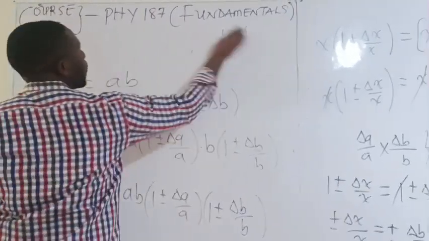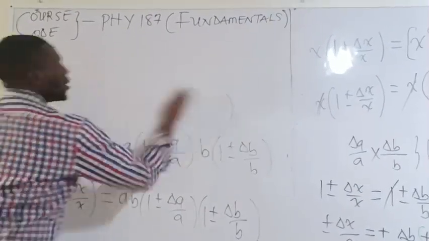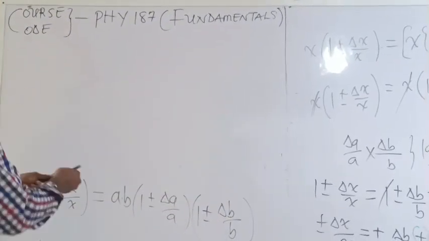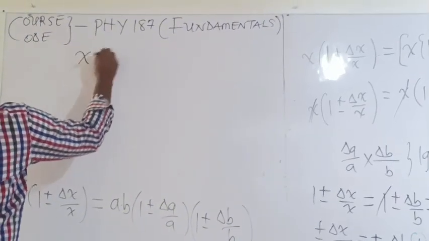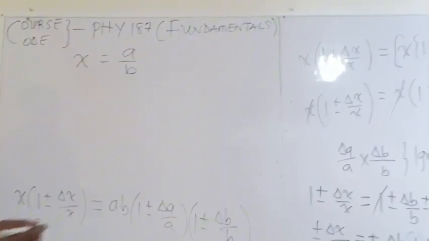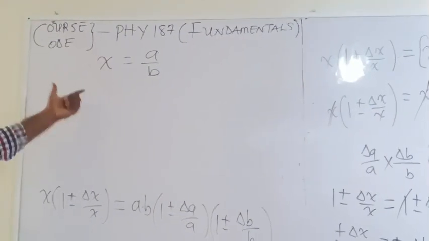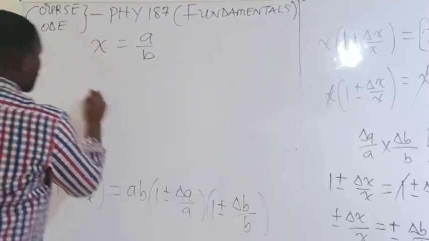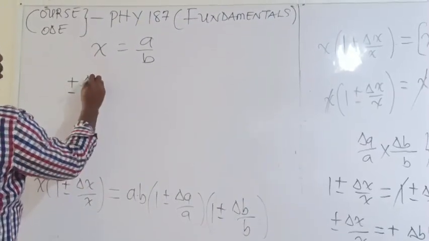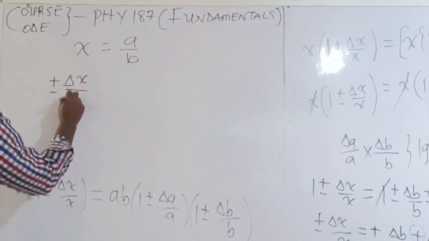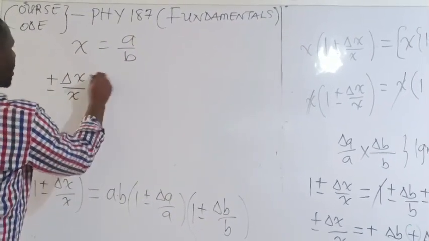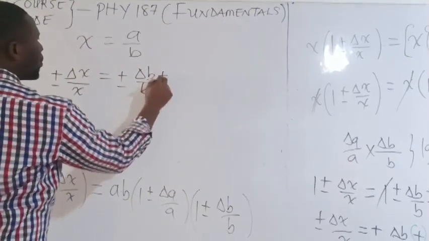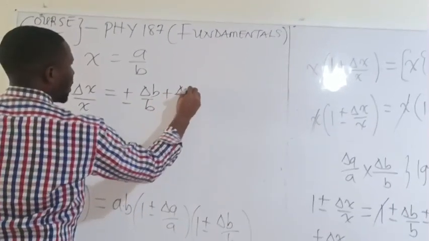All right, then for quotients, the quotient is when you are dividing two measured quantities, and of course you take into account their errors. For quotient, it's just straightforward: plus or minus the fractional error in quantity x is just plus or minus the fractional error in quantity b plus the fractional error in quantity a.